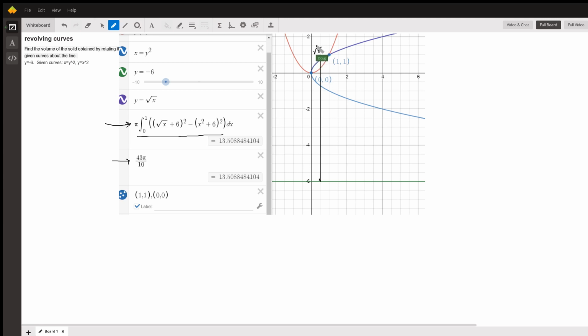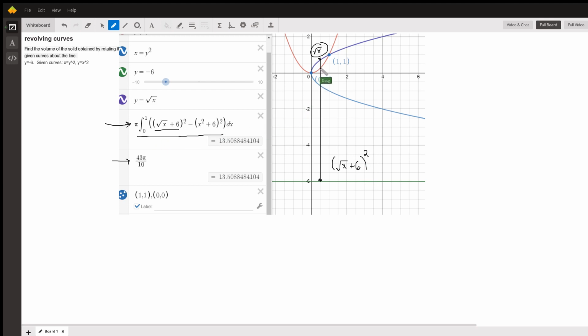And the distance from here down to the axis of revolution is the square root of x minus a -6, top minus bottom, which is square root of x plus 6. And there's the outer radius squared, which is what this is right here.